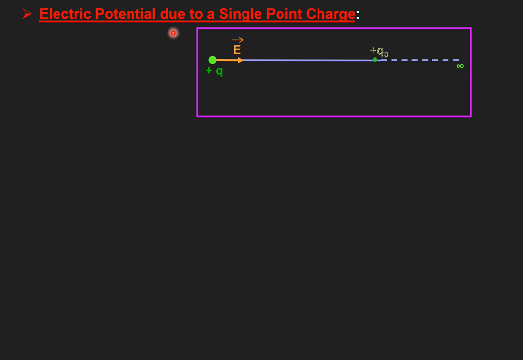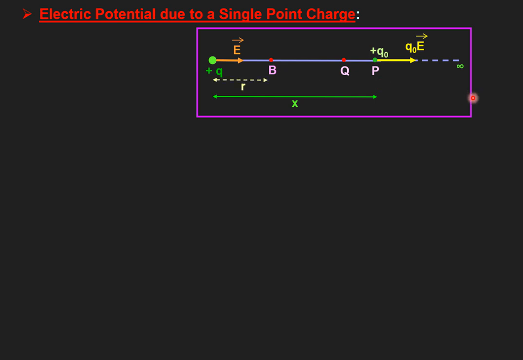In presence of this electric field, let me take Q naught as the test charge, which I want to bring starting from infinity to a particular point B. So I will move this test charge from infinity to the observation point B. The initial point is infinity and the final point is B. In presence of electric force and electric field due to the source charge, I want to move my test charge from infinity to point B without accelerating it.